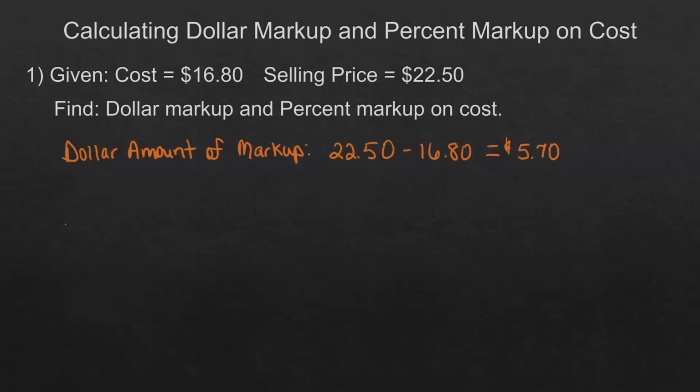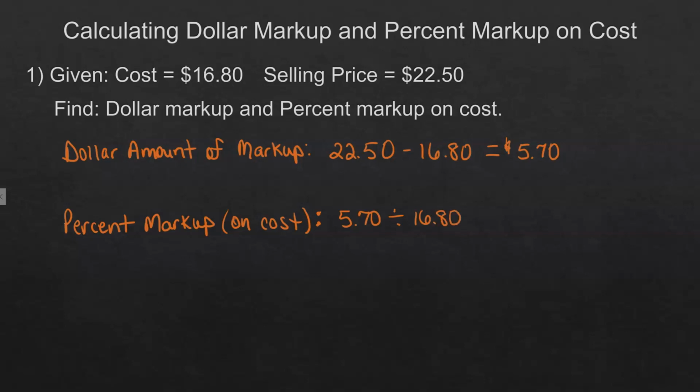And then the percent of the markup, and remember that's on cost, that is going to be the amount of the markup divided by the cost, because remember we're saying the percent markup on the cost.